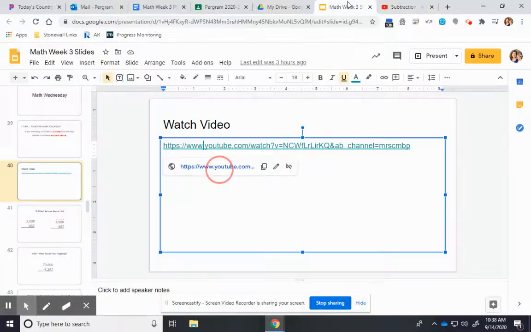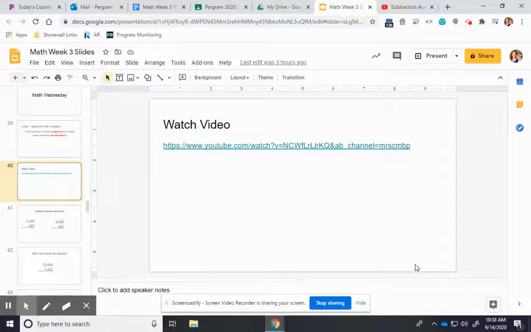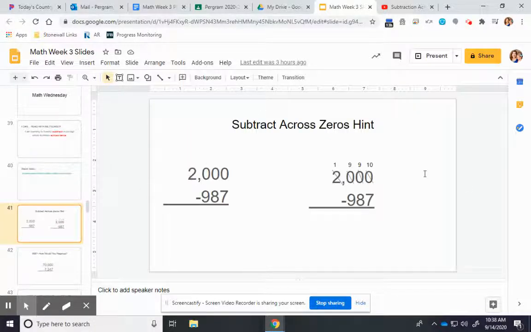All right. So that was our quick little video on how to subtract across zeros using the long method. Today, we're going to show you a little zeros hint. So if you need to subtract across zeros like we have on our screen, we're going to come all the way over to the 2 and borrow.